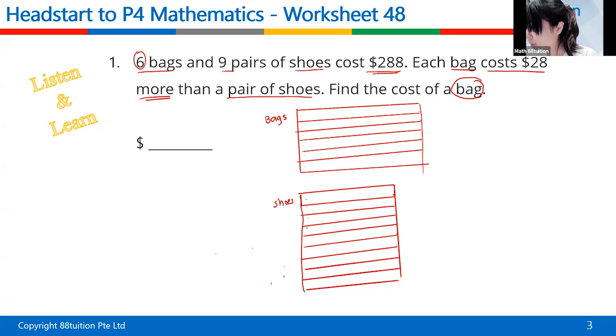Okay, 1, 2, 3, 4, 5, 6, 7, 8, 9. 9 shoes. Everybody can see that?